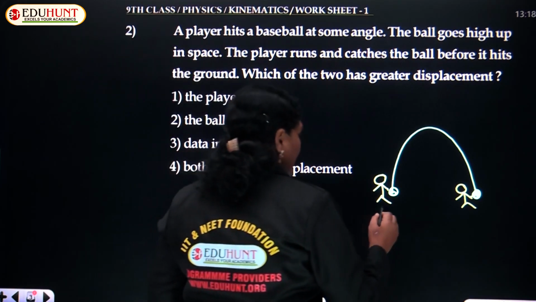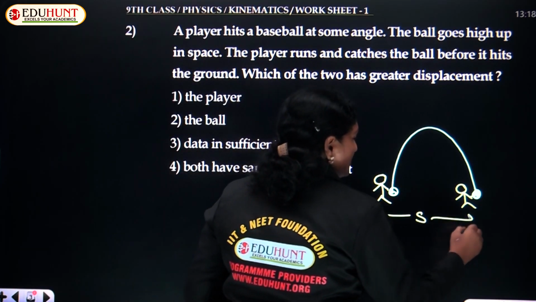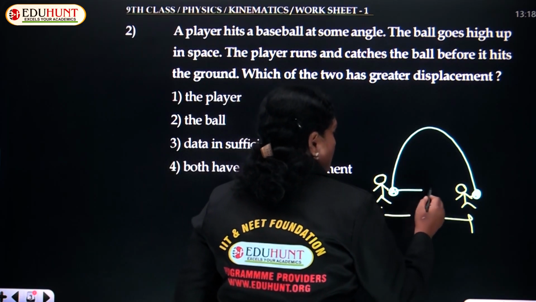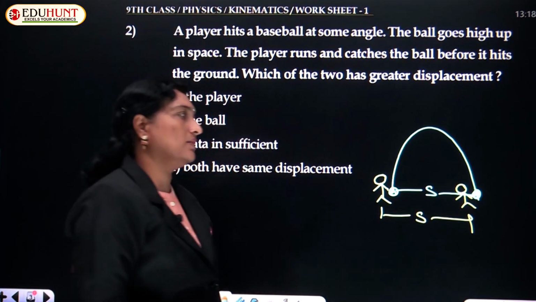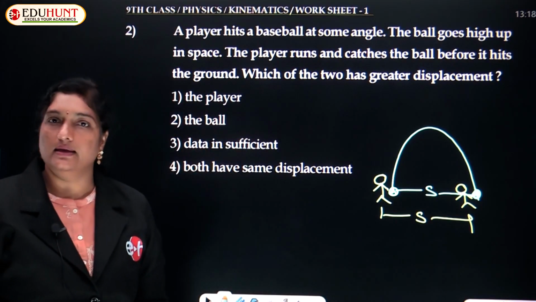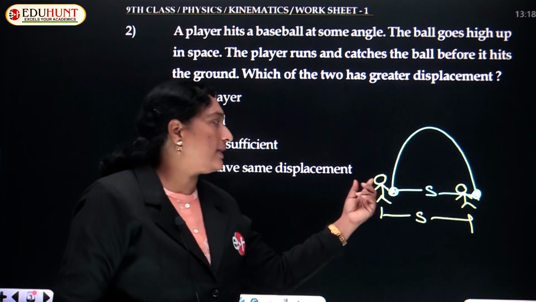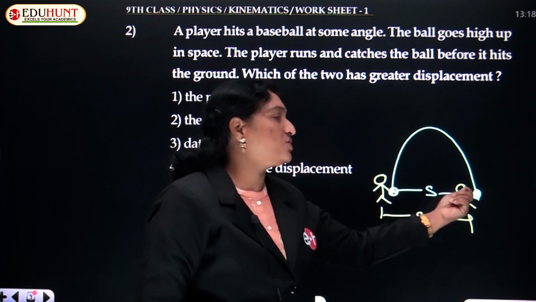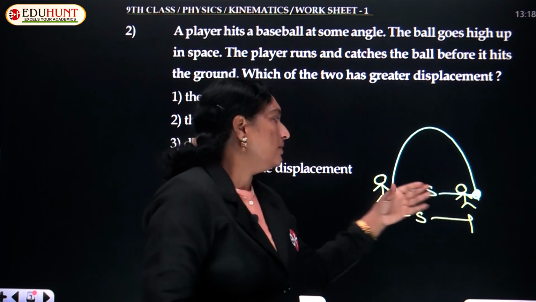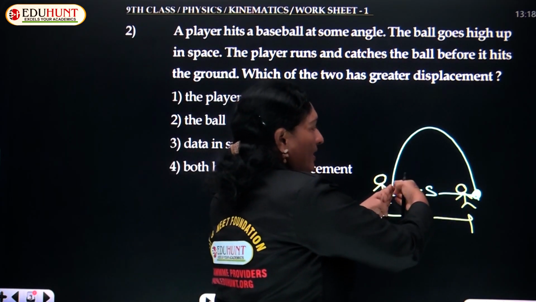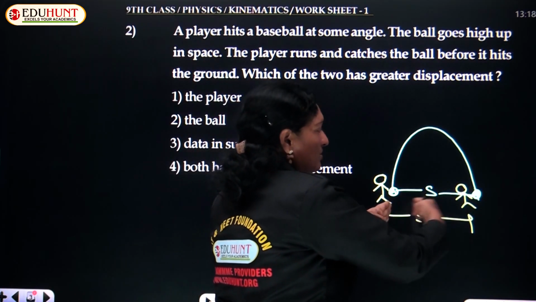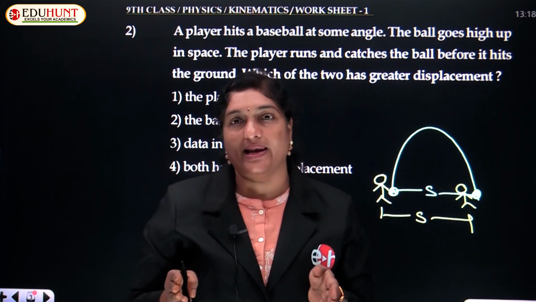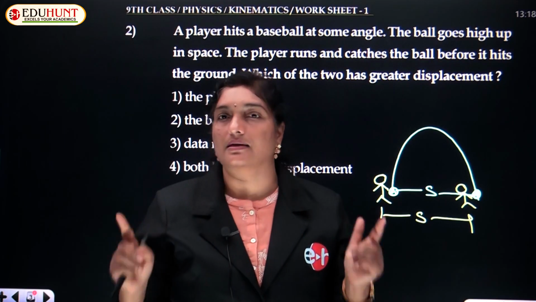That means very clearly, if the displacement of the ball is yes, then the displacement of the man must also be yes. Both have, what is displacement, children? The line joining the initial position and the final position. So, the ball moves here, comes here. The person moves from here, reaches here. So, the displacement of both ball as well as man remains the same.